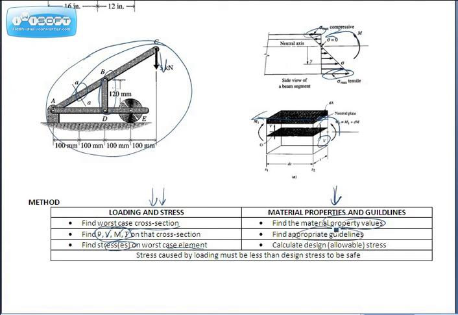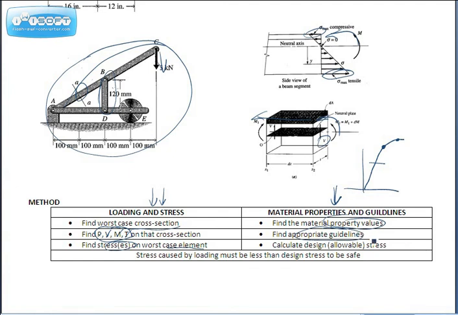In addition to that, you never allow the loading conditions to take you all the way up to the yield or the ultimate stress. There will always be a guideline that will tell you how close to that yield you will allow the stress in your member to become. That's called the guideline. Your company will tell you that guideline, or some reference book will tell you that guideline.